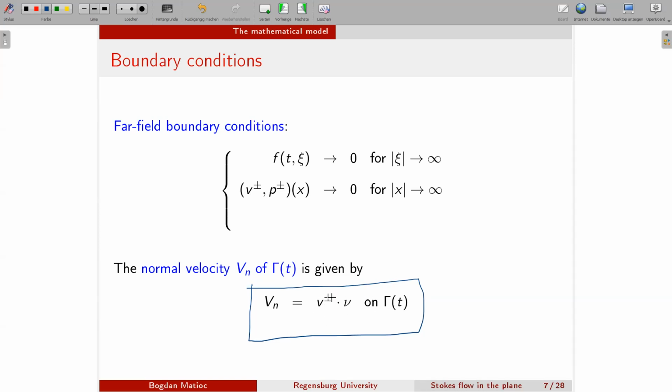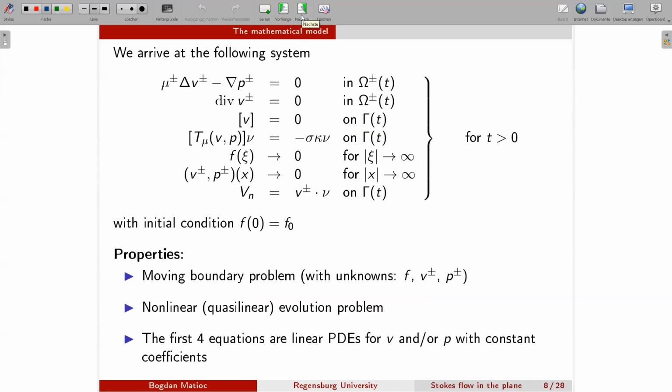So remember, the fluids are equal on gamma, so we have only one equation here. And here are the equations of motion, which I have written before, and this equation should hold for positive time, and the interface f naught is assumed to be known at time t equals 0.